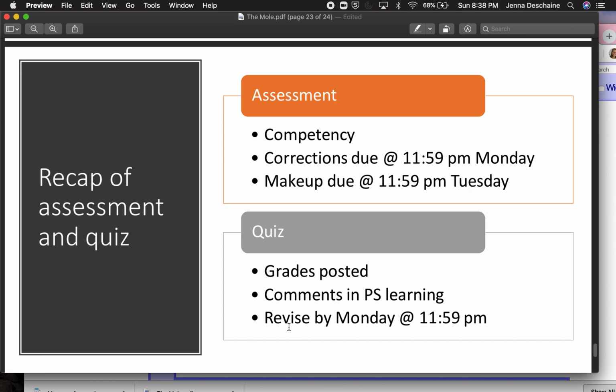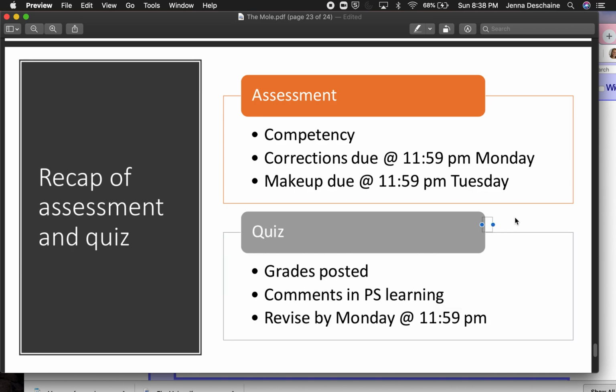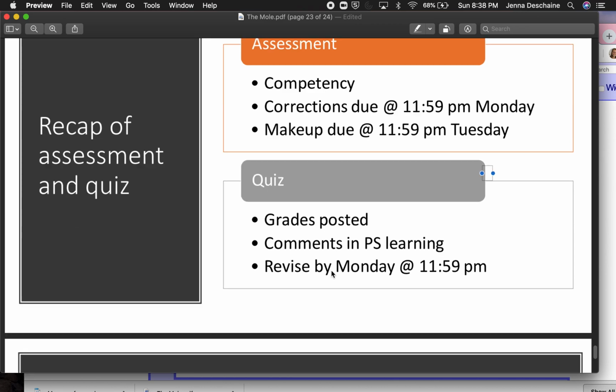So since you don't have any practice problems to do, I would definitely focus on these 2 things, either making up your assessment if you need to, or making up your quiz if you need to, okay? So those are what I have in store for you tonight, if that applies to you. If you have any questions, please feel free to just ask me, all right?